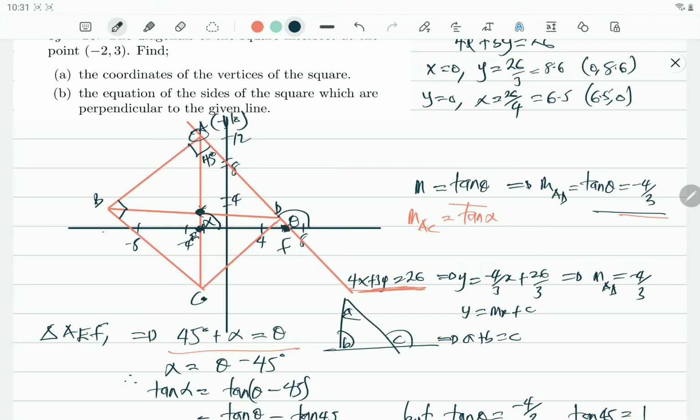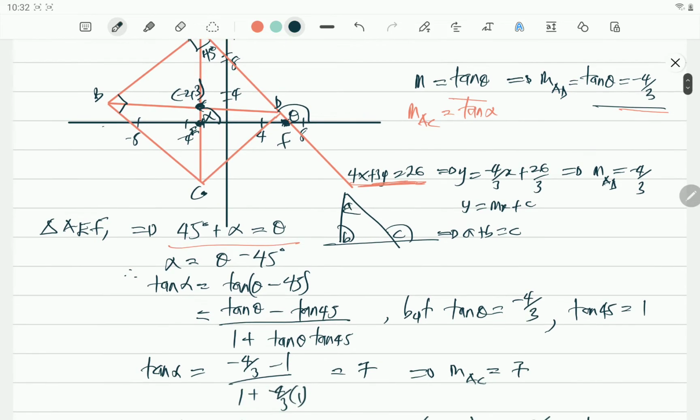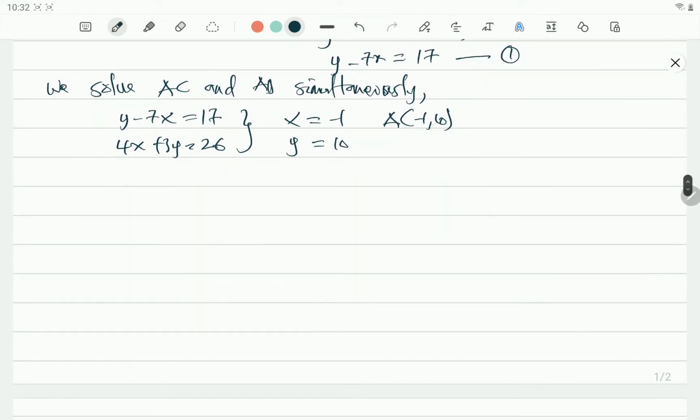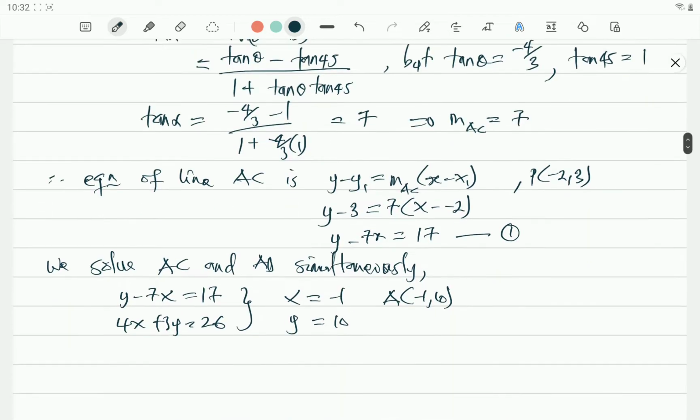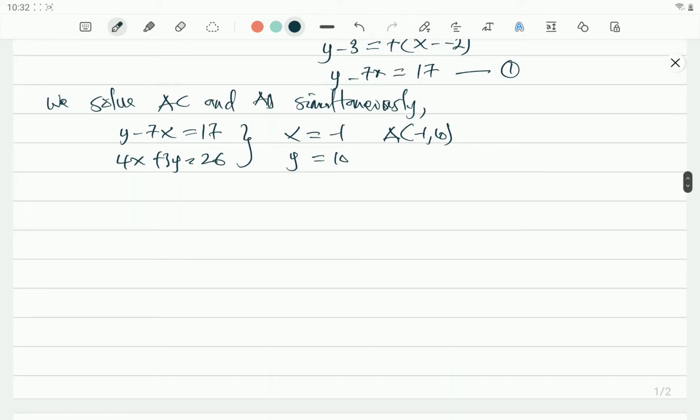Remember that the two diagonals bisect each other, and they bisect each other at the midpoint. So on the line AC, the point we were given, which is the minus 2, 3 point, is actually the midpoint of both AC and BD. So since I have 2 points on AC, I can use the midpoint formula to find the point at C, right?